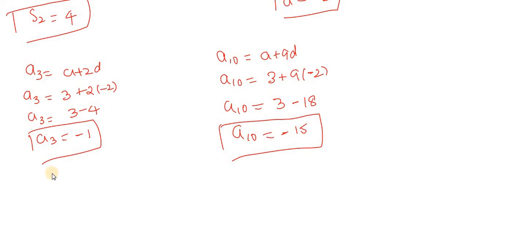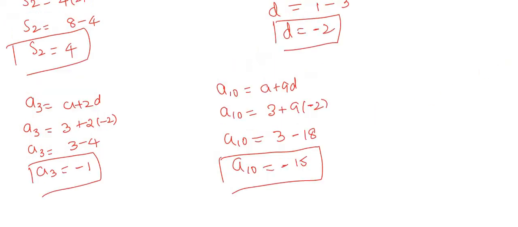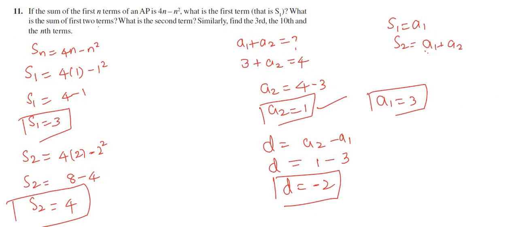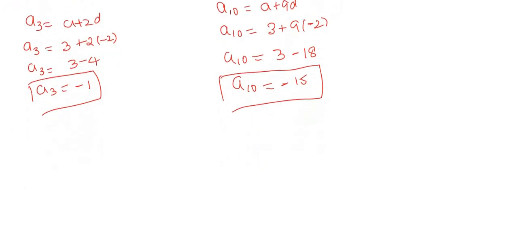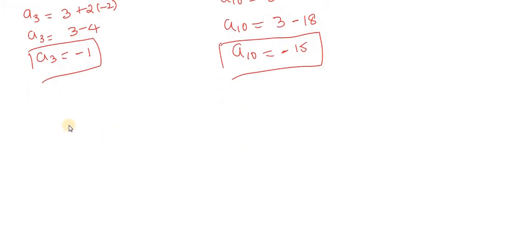And lastly, we found the third term and the 10th term, and now we have to find the nth term, that is An. How do we find An?